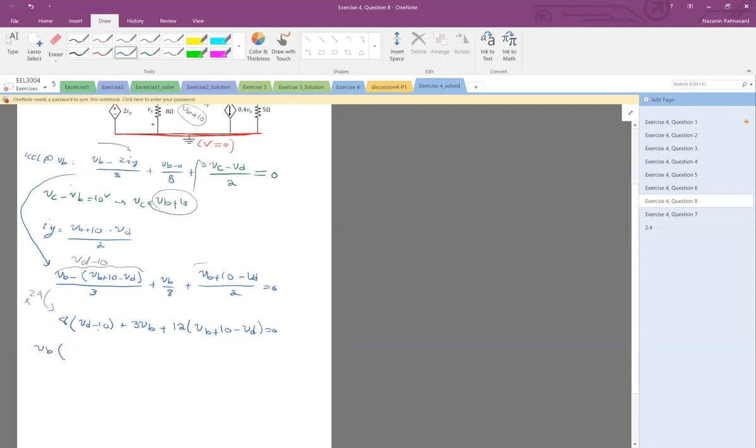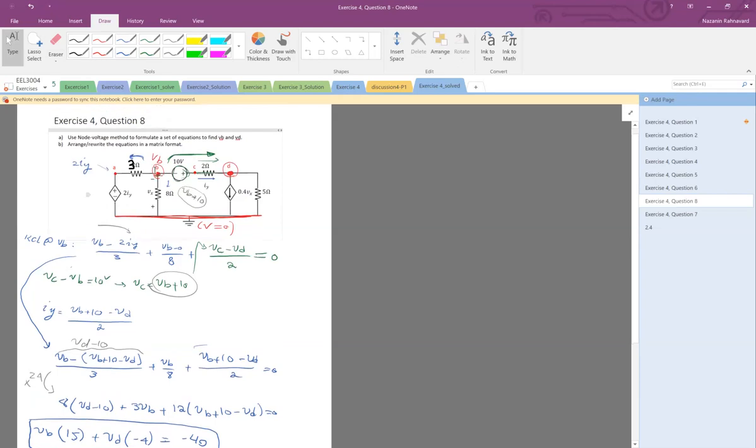VB times, we have a 3 here and a 12 here, gives me 15. For VD, I have 8 and negative 12. 8 minus 12 is negative 4, equal to negative 80 minus 120... 120 minus 80 is 40, when I take it to the other side. Very good. So this is a simplified version of the equation for the KCL at node VB.